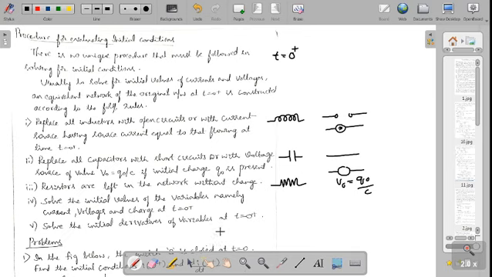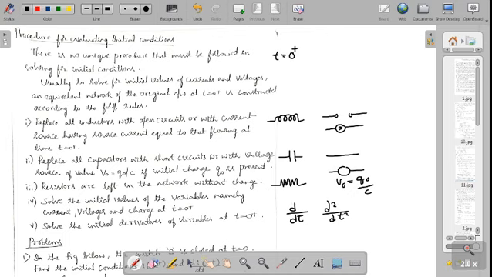Now you may be asked to find the derivative of the variables. Then we need to take the derivative. It may be a first order derivative or a second order derivative. So these are the basic things which you should be aware of.